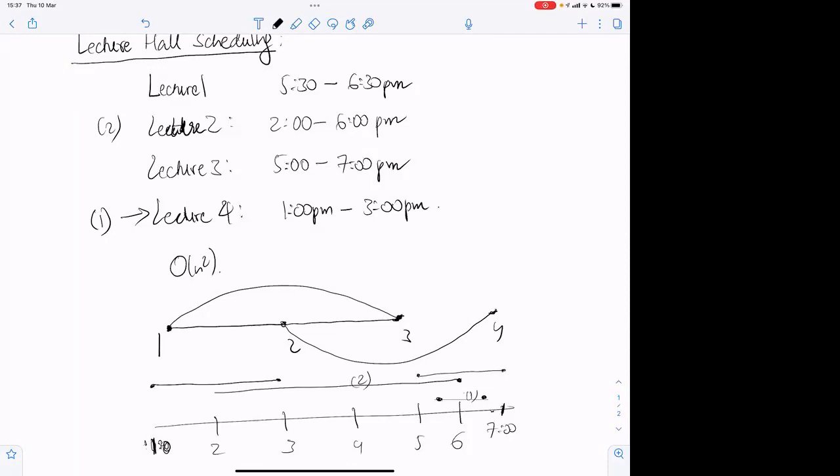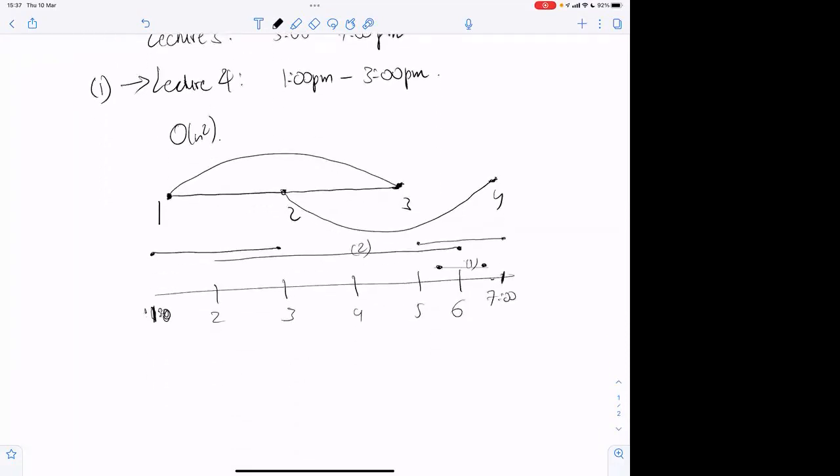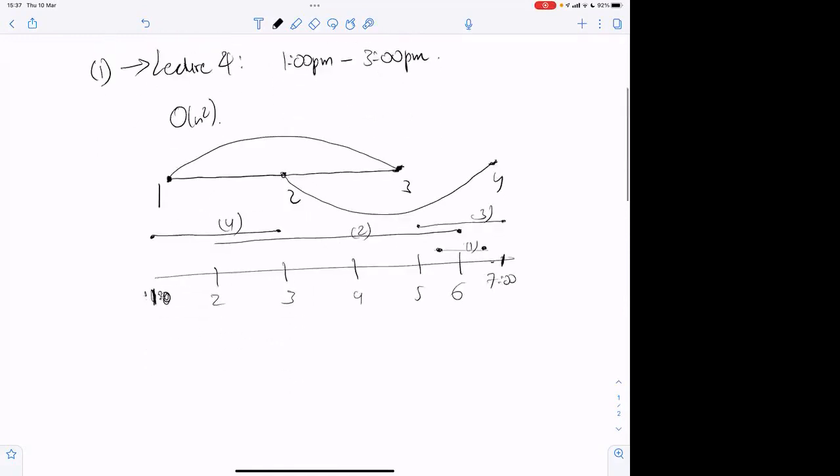You can now even forget about the timeline that we had drawn and just represent it by this, without the timings. The intersections are important.